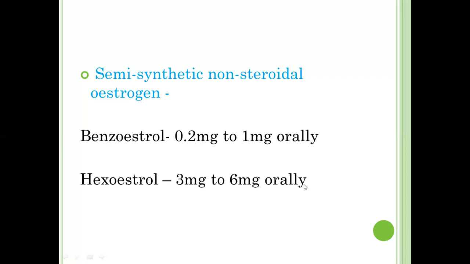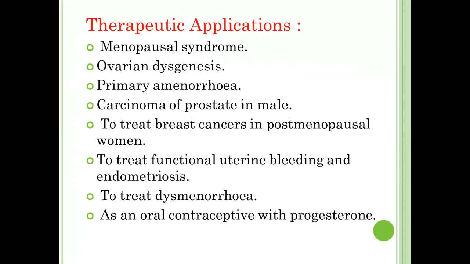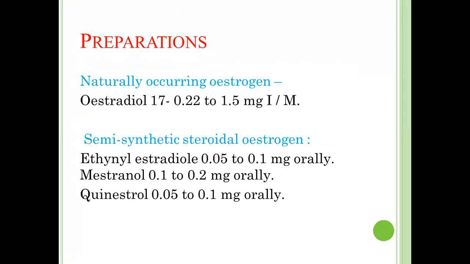Last, semi-synthetic non-steroidal estrogen, in which benzoestrol and hexoestrol. Preparations of estrogen are made semi-synthetically or synthetically, and they are used to treat such disorders. First, naturally occurring estrogen, estradiol 17, 1.5 mg IM.